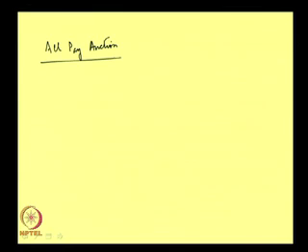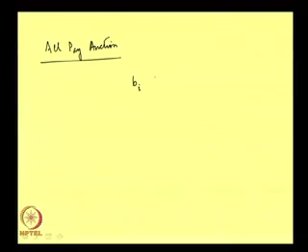In an all pay auction, the person who is not getting the object also pays, which means that suppose I have bid B_I, but B_I is less than the highest bid, B_H. In that case, I do not get the object, but nevertheless I have to pay this B_I.